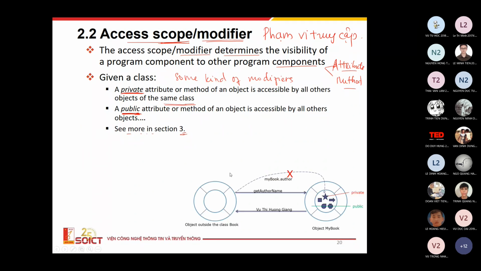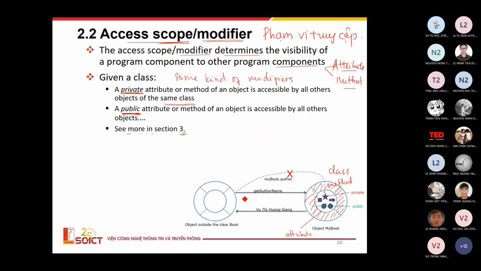Okay. So this is one illustration to show you that when you encapsulate a class, that means you encapsulate the method as the ring outside of this circle, and the inside here is the attribute.